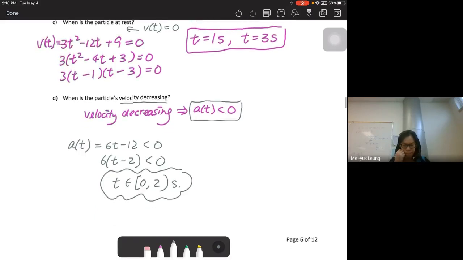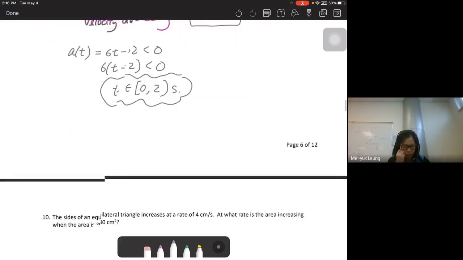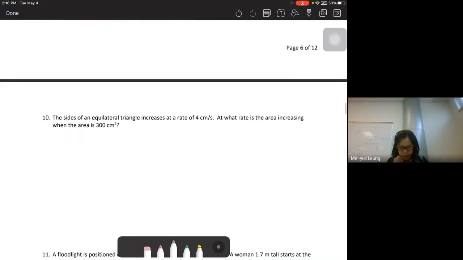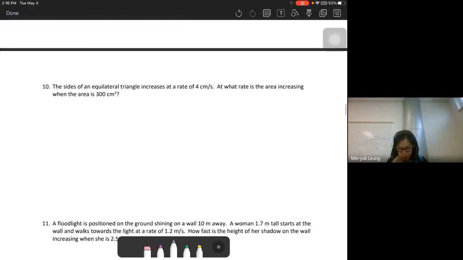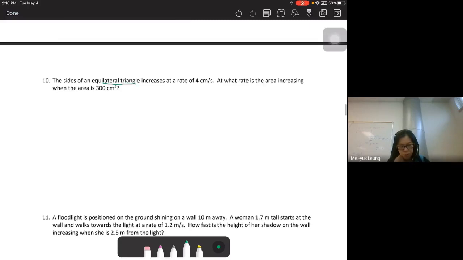Okay. All right. So now the next question is the related rates problem. Okay, so this is a simple one. So let's start with that. The size of an equilateral triangle increases at a rate of 4 centimeters per second. At what rate is the area increasing when the area is 300 centimeters squared?